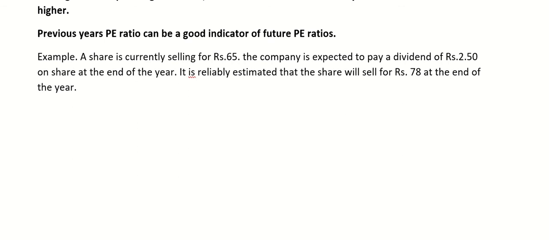So this is the information given to you. Current price is 65, dividend in the current year is 2.50, and the future selling price would be 78. So what do we have to calculate?